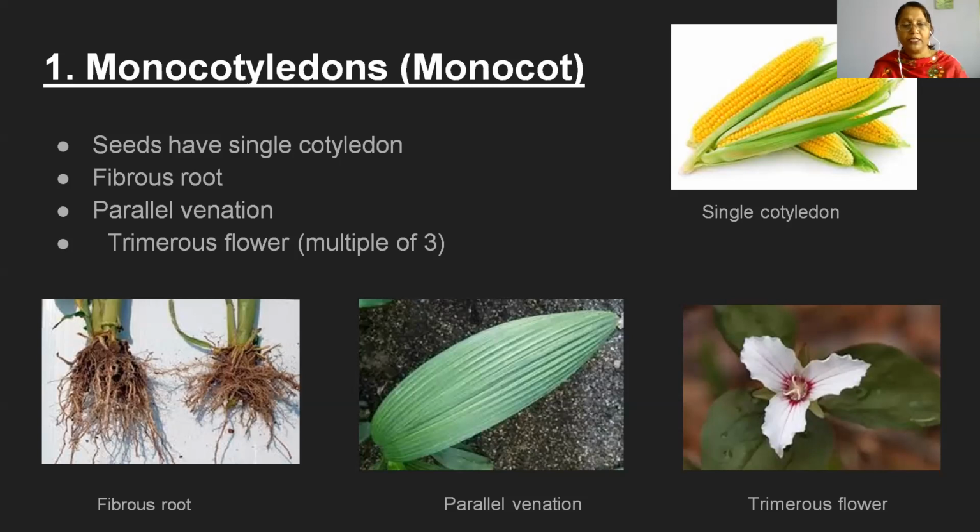And the veins present in the leaves show parallel venation. And the flowers are trimerous, that means they are in multiples of three. That means 3 petals are present, or multiples of 3, either 3 petals, or 6 or 9 or 12, and so on.